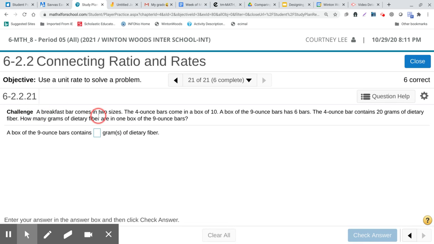Challenge. A breakfast bar comes in 2 sizes. A 4-ounce bar comes in a box of 10. A box of the 9-ounce bars has 6 bars. The 4-ounce bar contains 20 grams of dietary fiber. How many grams of dietary fiber are in one box of a 9-ounce bar?